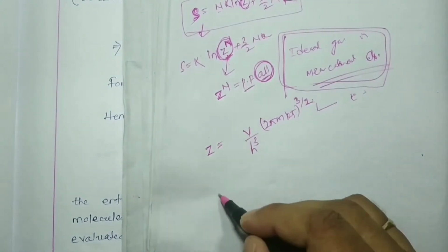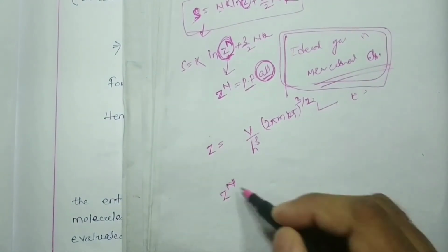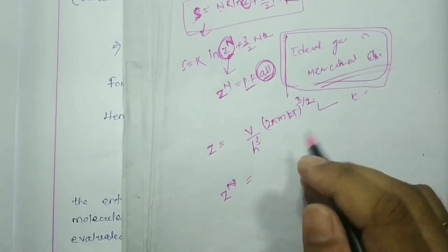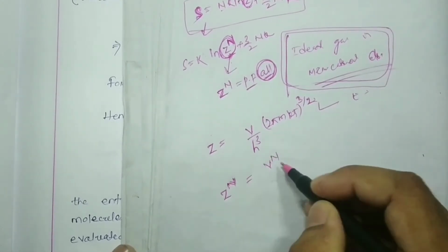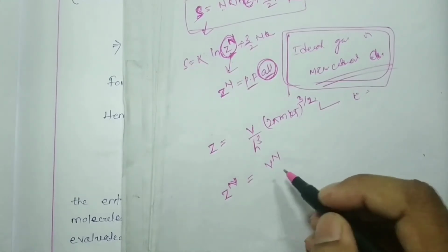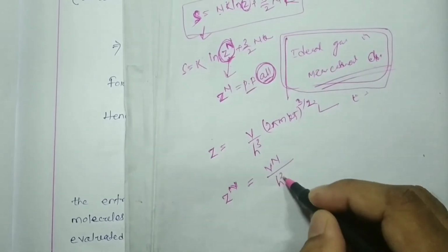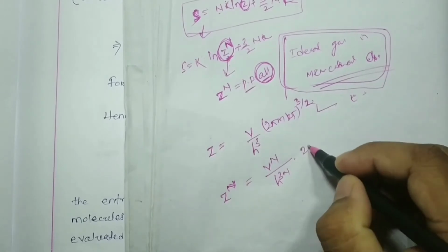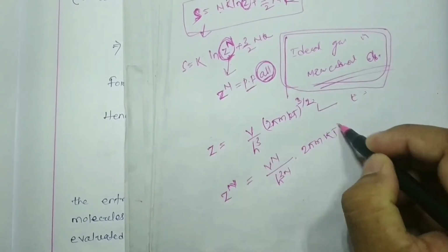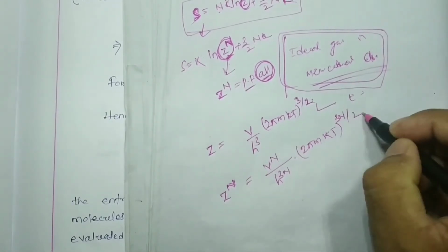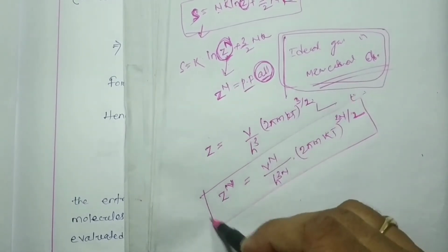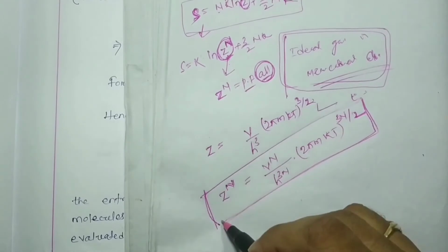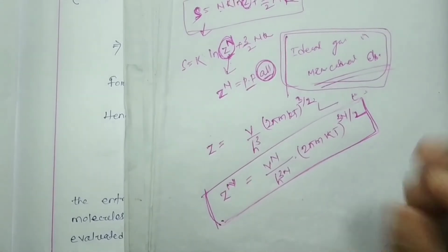So z to the power N, the partition function considering all the molecules, will be V to the power N over h to the power 3N times 2 pi m kT to the power 3N by 2. This will be the expression for the entire gas or assembly of gas molecules.